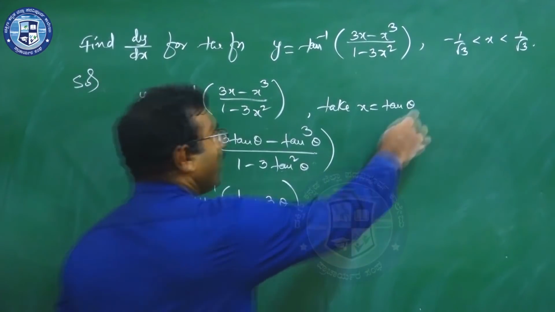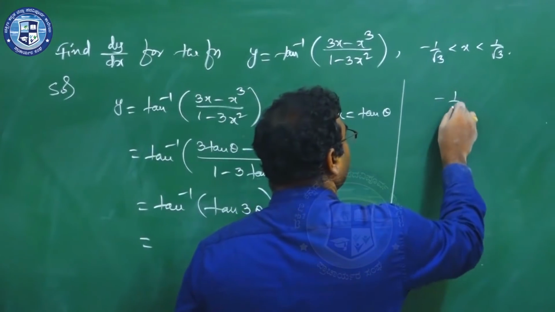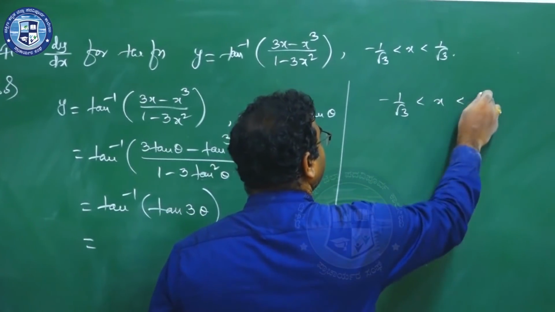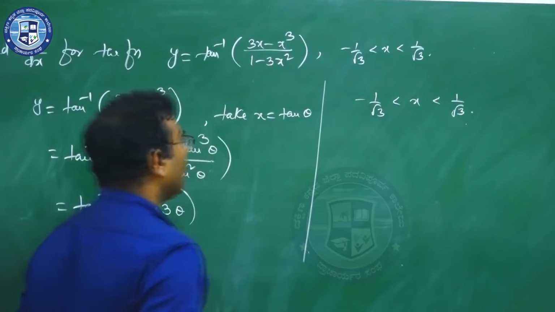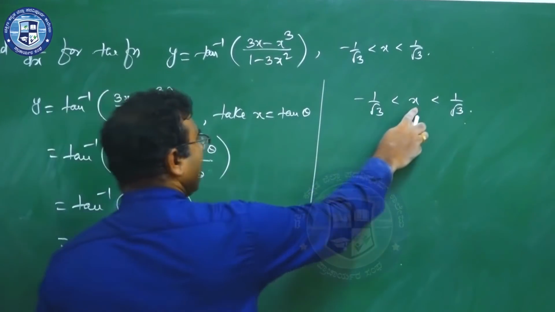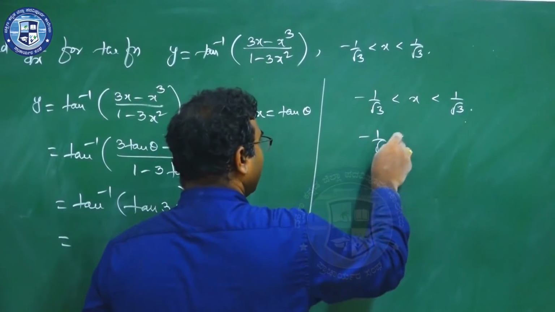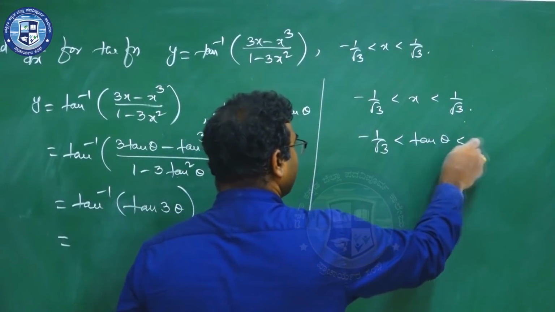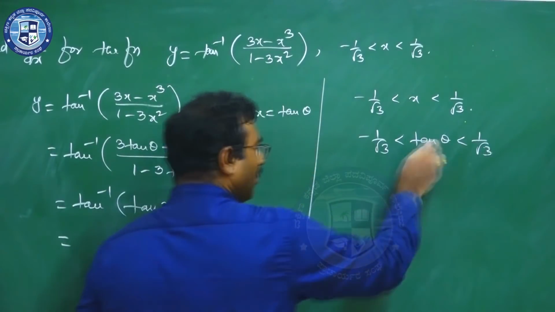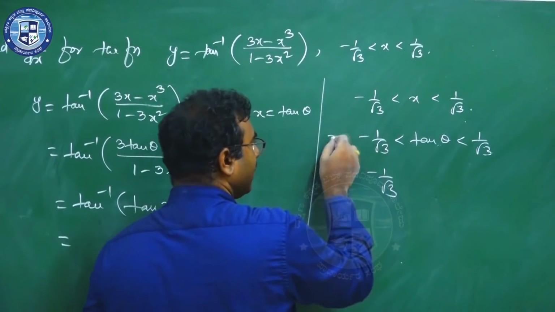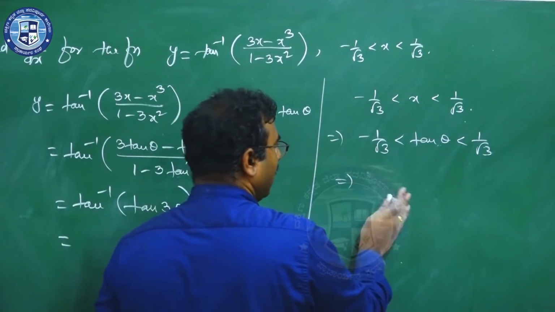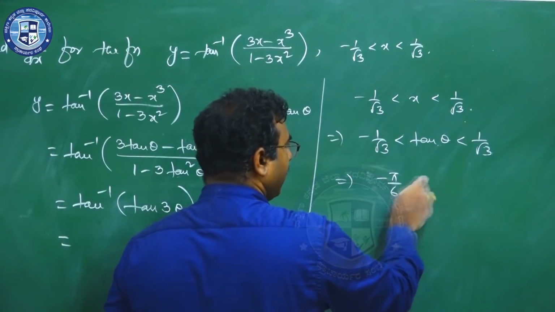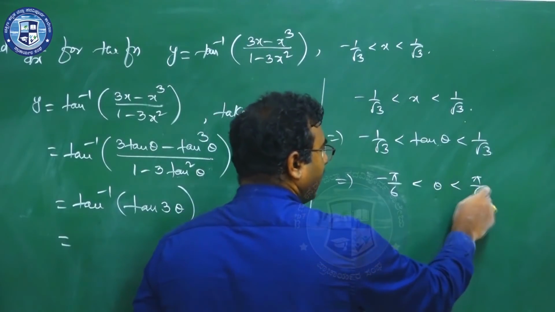That's why they have given one condition in this place. Minus 1 by root 3 is less than x less than 1 by root 3. x is tan theta we have taken. So then where does theta lie? Theta lies from minus pi by 6 to plus pi by 6.